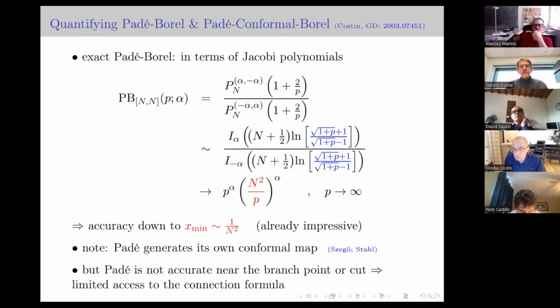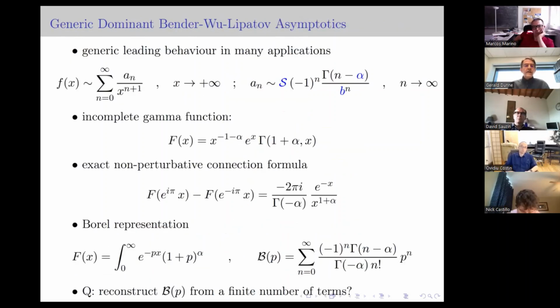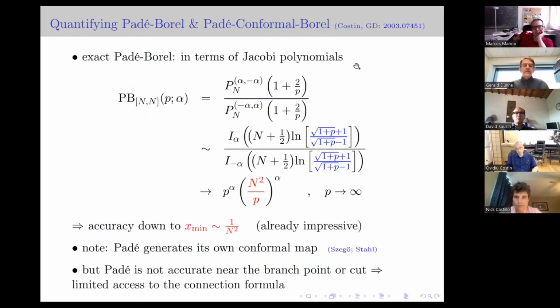An interesting feature of this is that one of the really great ways of analytically continuing the Borel transform function beyond its radius of convergence is Padé. We just represent the truncated function, which is a polynomial, as a ratio of polynomials. Now, for this generic type of behavior, it turns out the Padé polynomials are known.